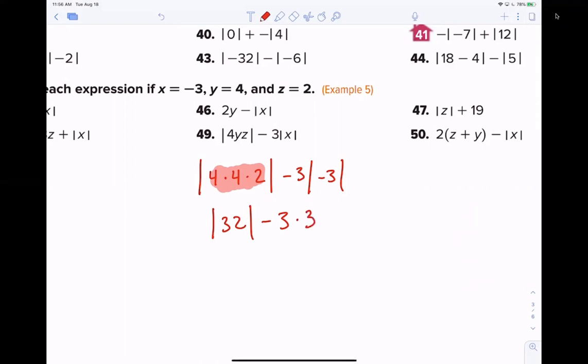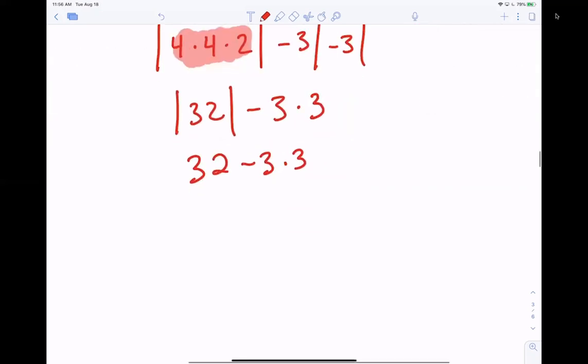What's the absolute value of 32? Wait a minute. Absolute value of 32 is positive 32. Right? You know negatives are allowed. So this is 32 minus 3 times 3. So now what do I have to do first?